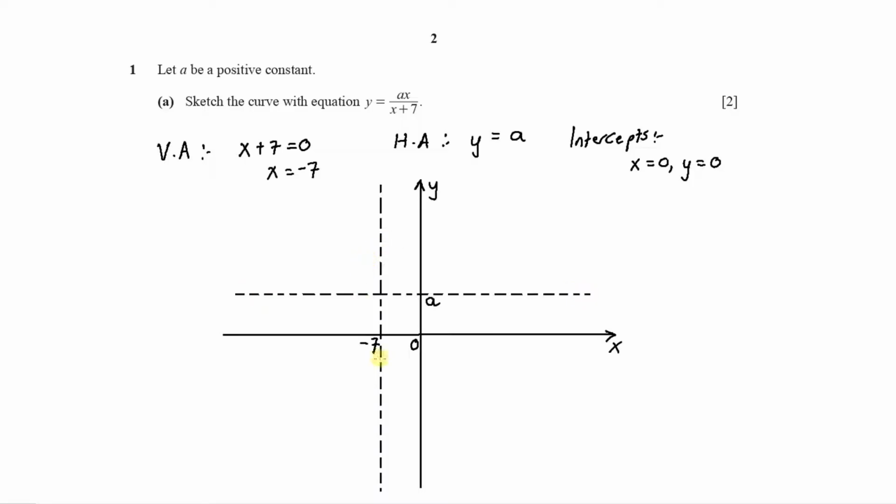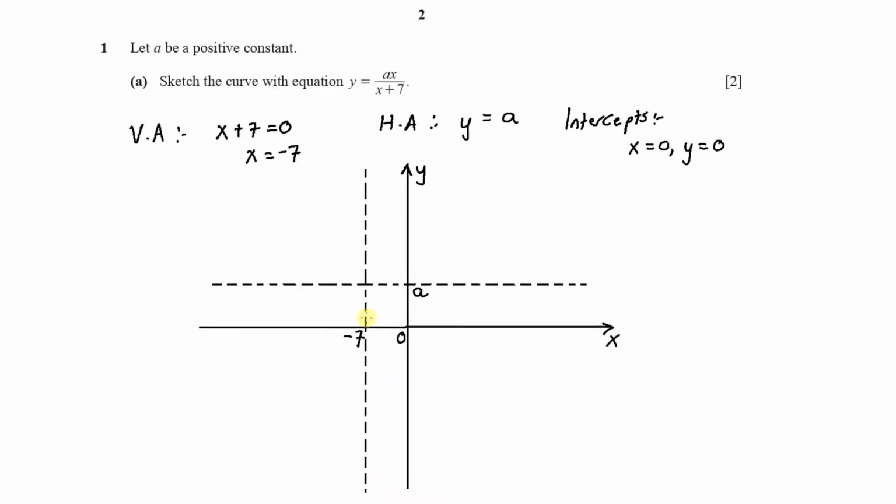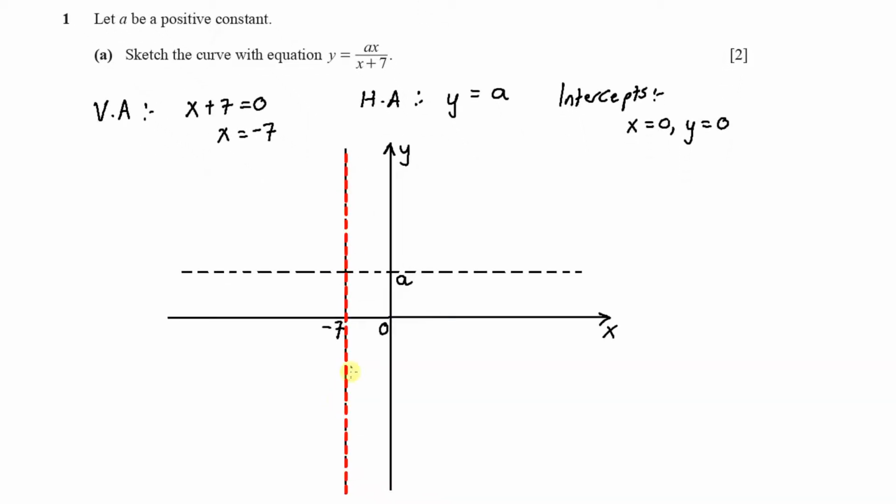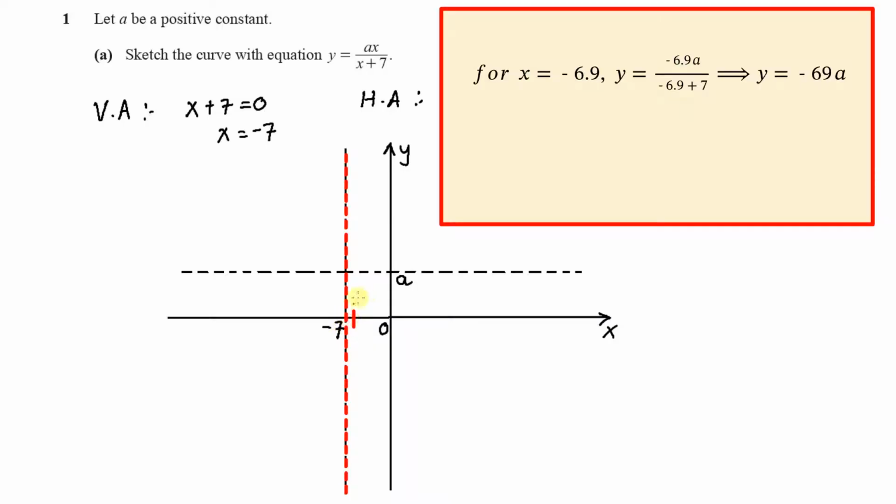Now when sketching a rational graph, you also need to study the behavior of the graph around the asymptotes. Starting with the vertical asymptote, if we take a value slightly greater than minus 7, for example x is equal to minus 6.9, substituting that into the equation of y gives a y value of minus 69a. So for values slightly greater than minus 7, the graph has a very low value.